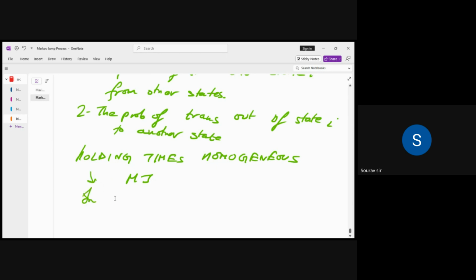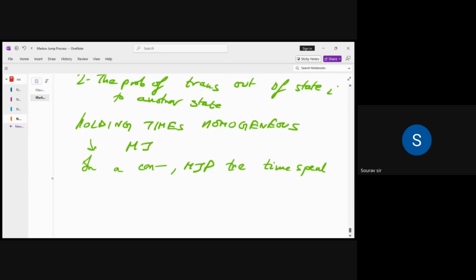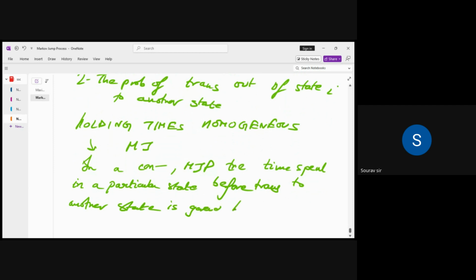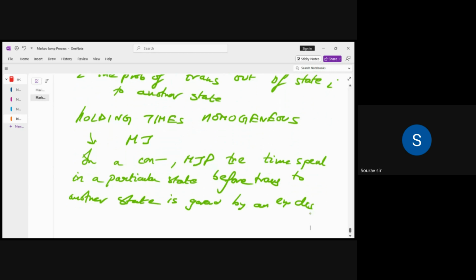In a continuous Markov jump process, the time spent in a particular state before transitioning to another state is governed by an exponential distribution.